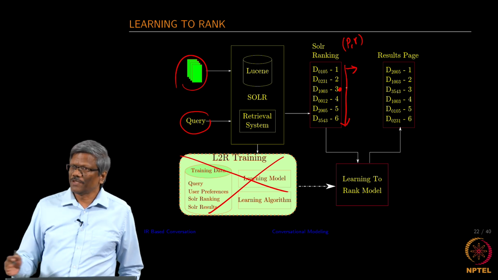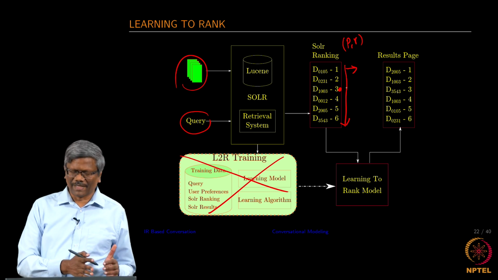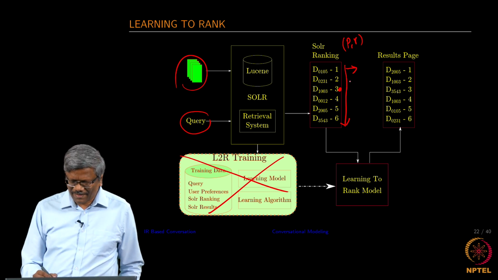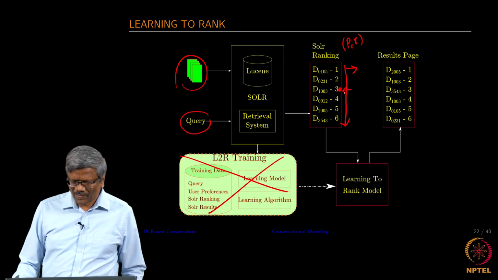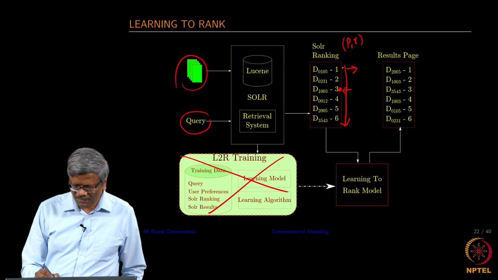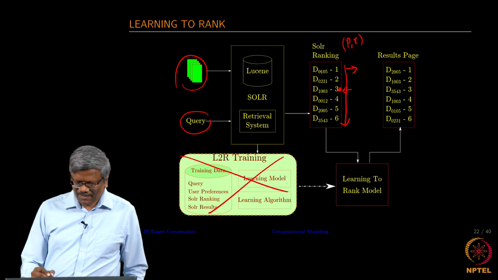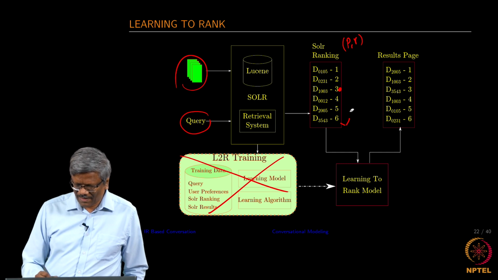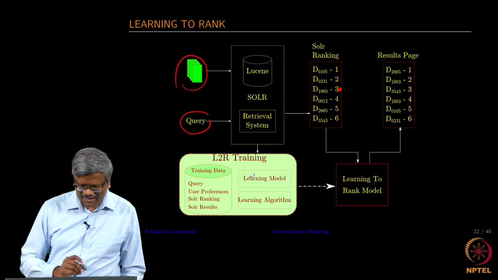And then there are so many users who have given, let us say, the similar query or the same query, and then they also start to respond that 3 is the best answer and not document 105. We need to let the system learn that part. So, that is where the learning to rank comes in.